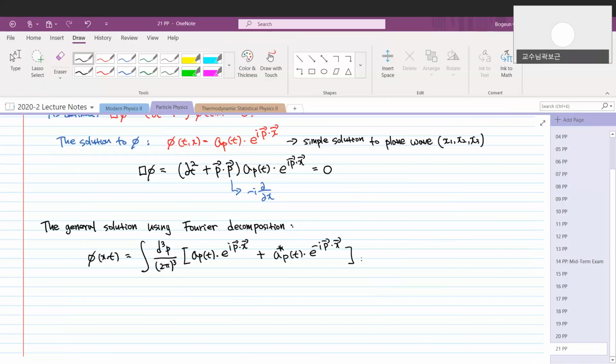So using the Fourier transform decomposition, we generalize to all kinds of momentum.